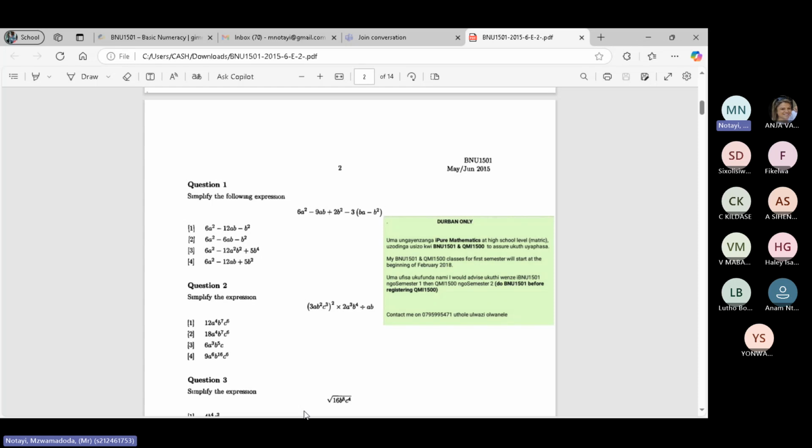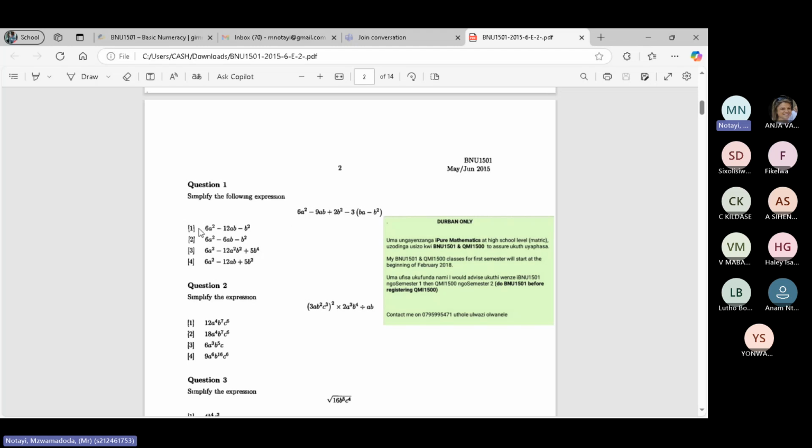Okay, I want you guys to try and simplify question 1 for me. We have 6a to the power 2 minus 9ab plus 2b squared minus 3ba minus 3b squared. I want you to simplify.